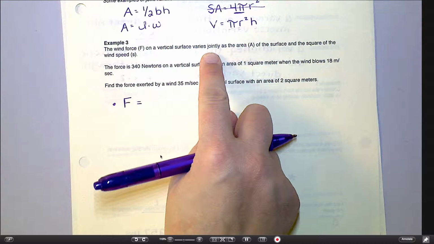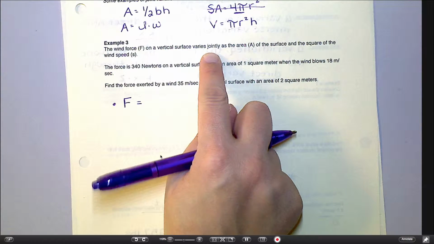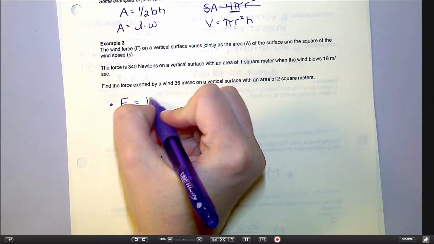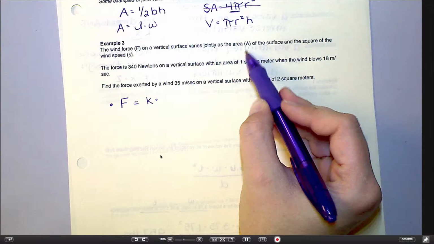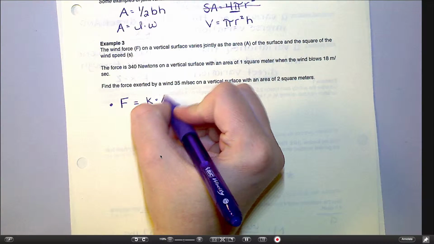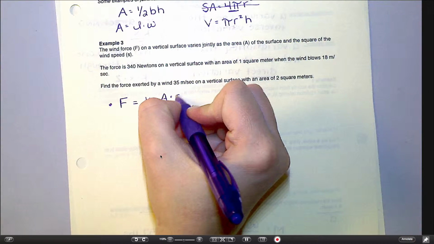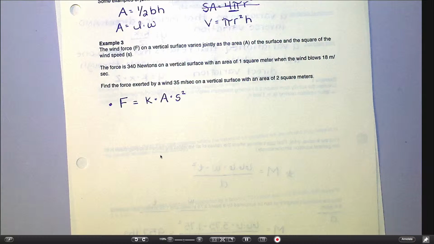varies jointly. So what does that mean my equation is going to look like? Yeah, it's going to be all multiplication. I'm going to have a k value, right? So k times area times the square of the wind speed, so that would be s squared. Does that make sense?